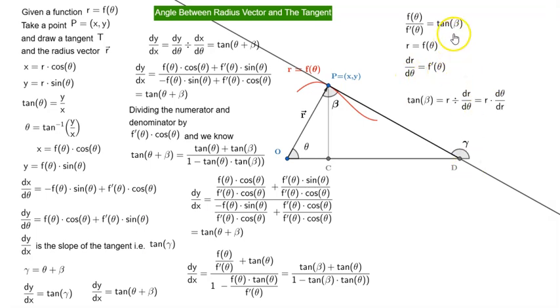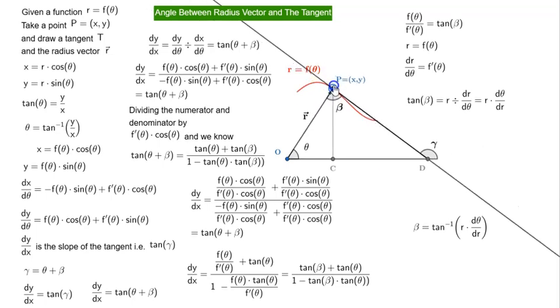So tan beta is equal to f theta, which is r, divided by f prime theta, which is dr by d theta, which is equal to r times d theta by dr. So finally, we can say that the angle beta is equal to tan inverse of r times d theta by dr. This is the expression by which we can find the angle between the radius vector and the tangent at a point on a curve.